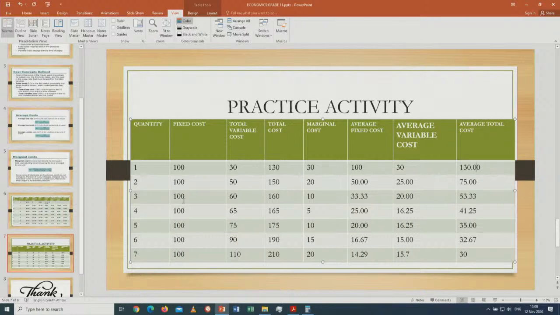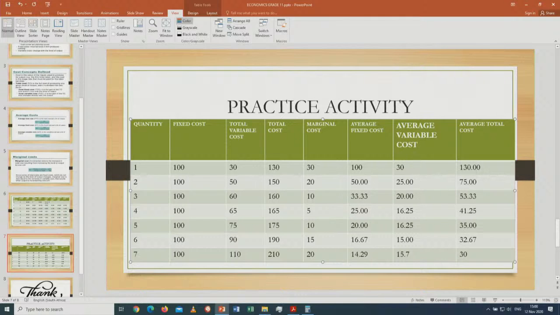And we go to the third one: same fixed cost, total variable cost, total cost, the combination of the two, and the marginal cost, the difference between the two divided by 1, giving us 10. And then the average fixed cost, we go back to our fixed cost and divide by the number of units that we have produced. It must give us this.